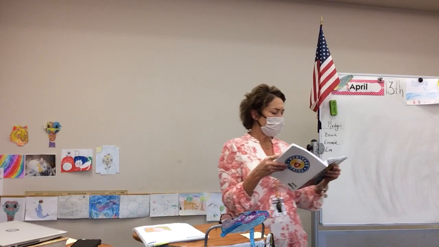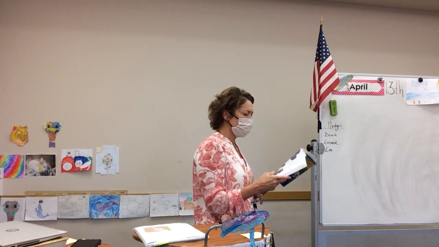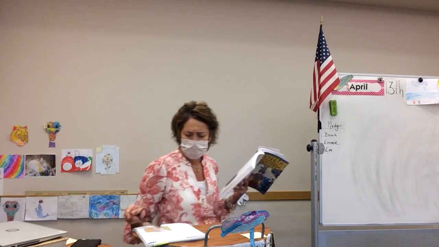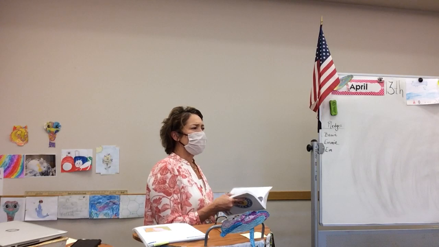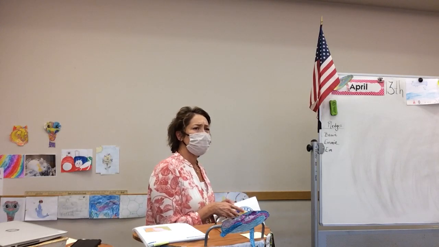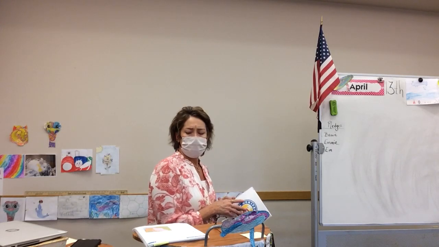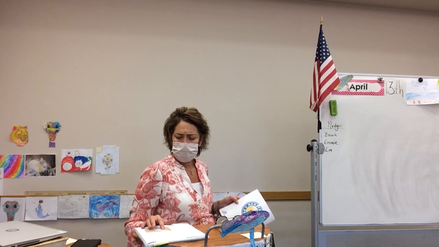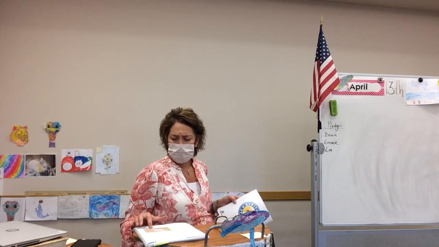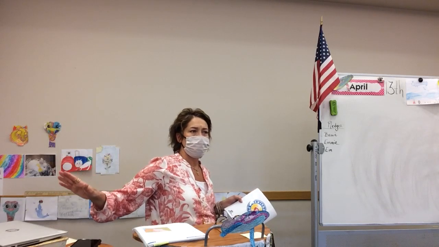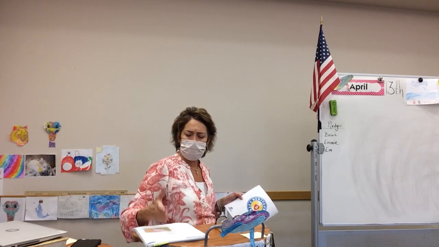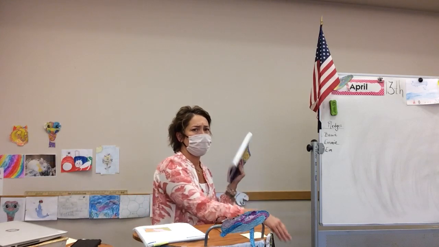Jefferson was not only interested in discovering what the Louisiana Territory was, but he was interested in what was beyond. Why do you think he was interested in what was beyond the Louisiana Territory? We owned the land from the border of the Louisiana Territory and then east. Why was he interested in what was west of it?